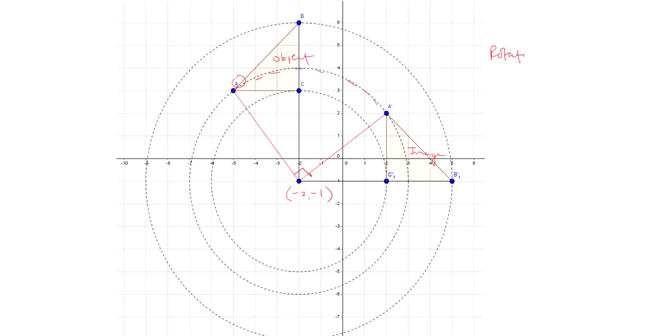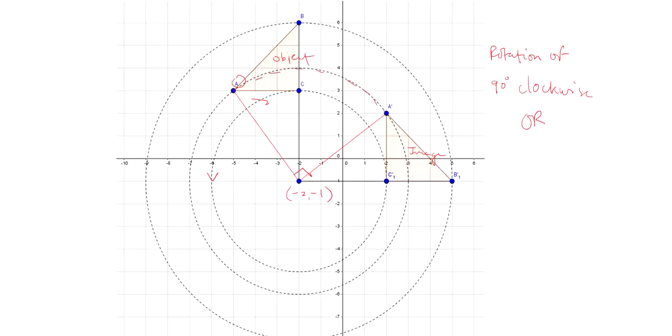Now we can say that this rotation is a rotation of 90 degrees clockwise, or if you notice something here, we can rotate in this direction, or we can also rotate in this direction and end up at the image, right?